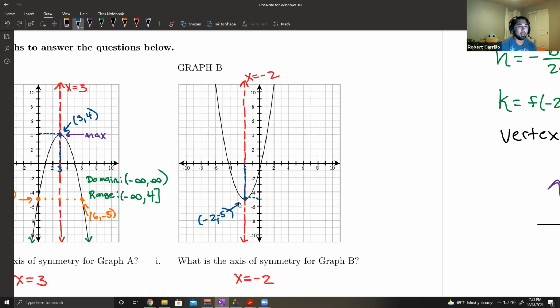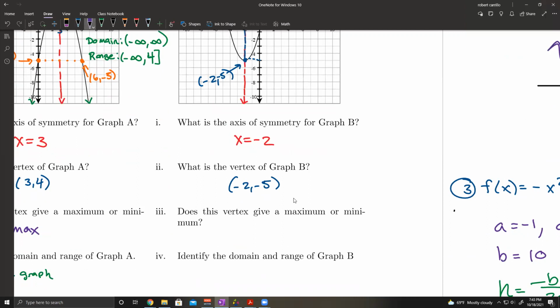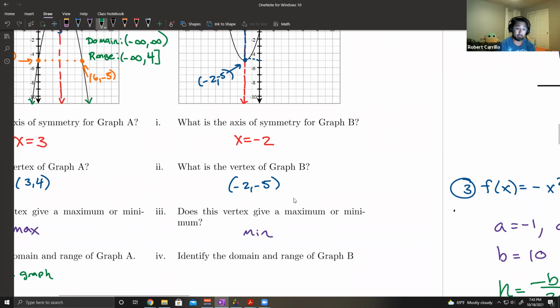All right. And then do we have a maximum or a minimum? Since it opens up, it creates a low point, which is a minimum. Minimum, -5. All right. Good, good.